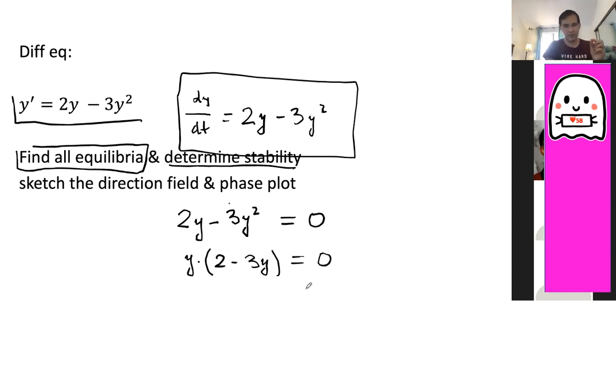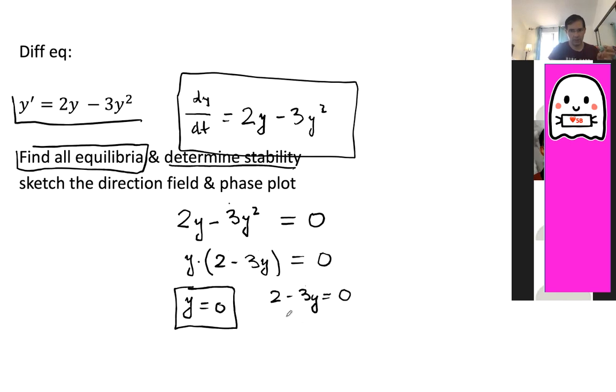So one equilibrium solution we get is the function y of t equals 0. The other one comes from 2 minus 3y equals 0, so 2 equals 3y. If we divide both sides by 3, I get y equals 2 over 3. So I have another equilibrium solution.